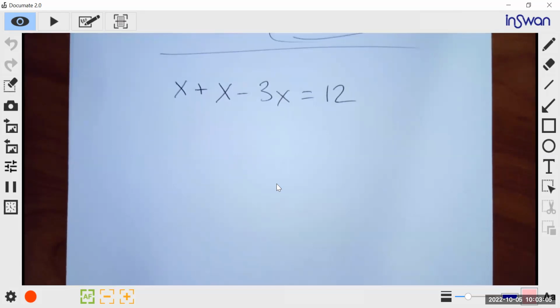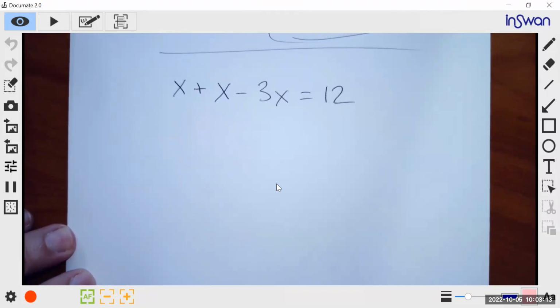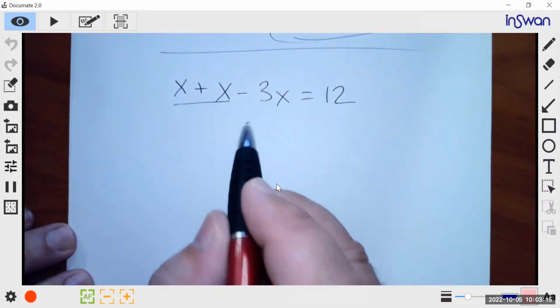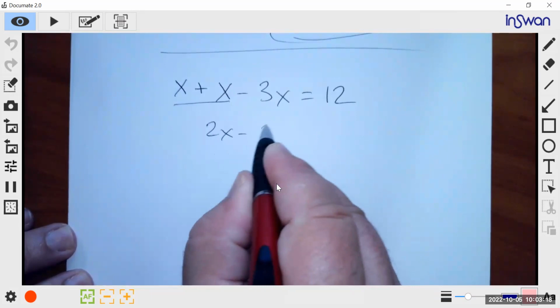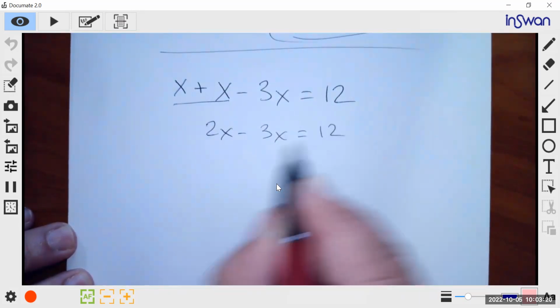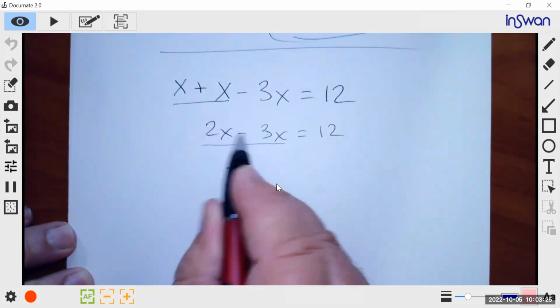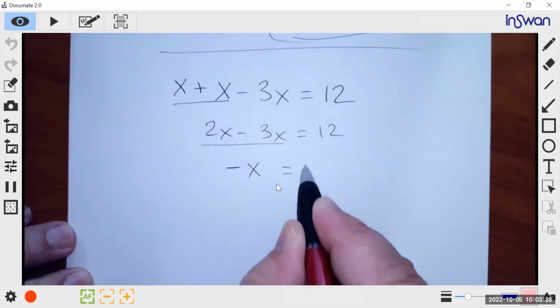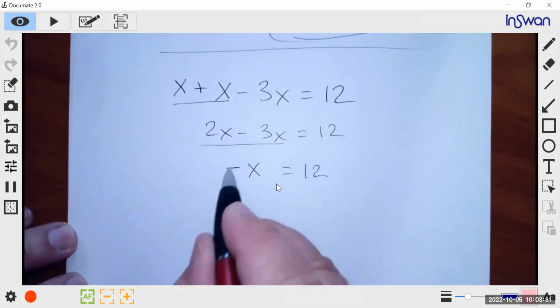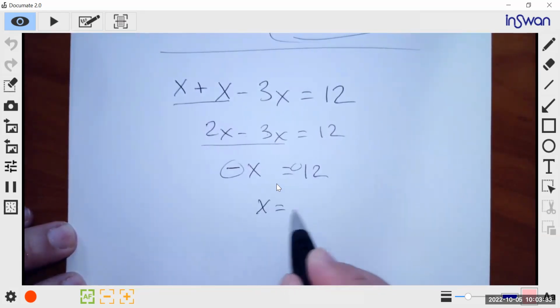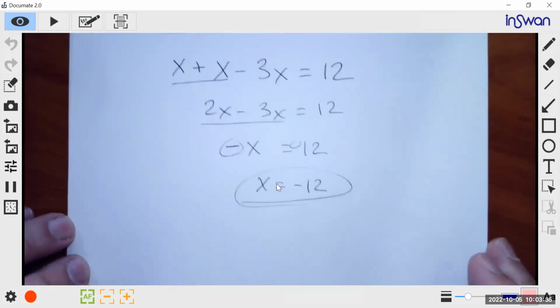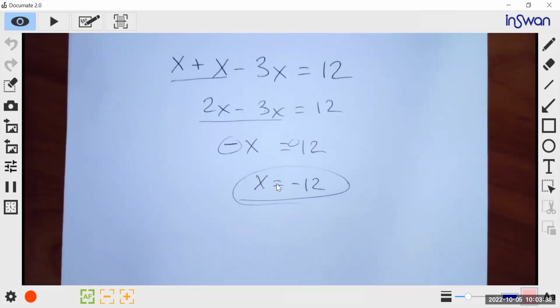A -12 and a +12. Let's look at this. Combine like terms first. X plus X is what? So 2 minus 3, since 3 is bigger, 3 minus 2 is 1. Then you change the signs. So the answer is -12.